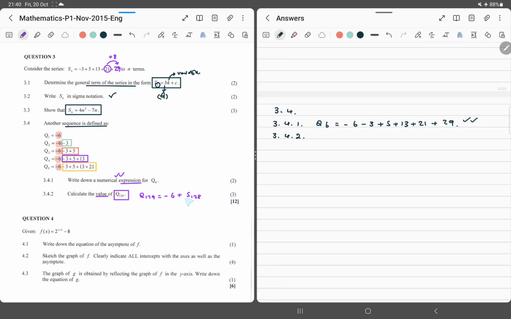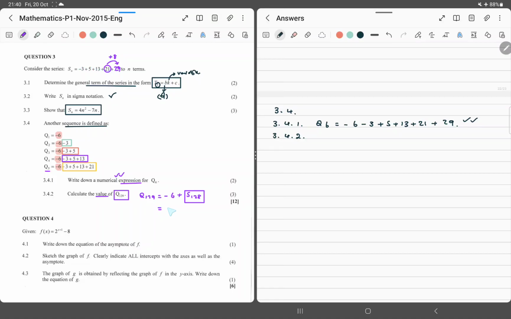Why do I know it's going to be S128? It's because if I look at this term Q5, how many terms of that Sn did I end up with? 1, 2, 3, 4. So Q5 had 4 terms added in that sequence. So Q129 is going to have 128 terms of that sequence added together, right?